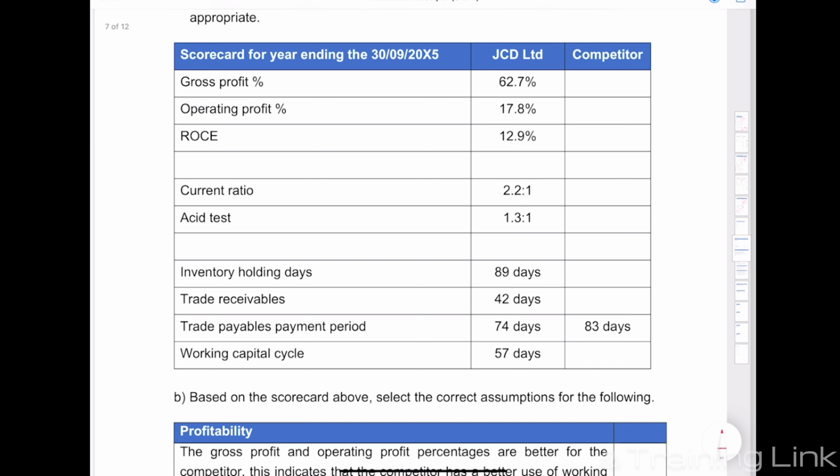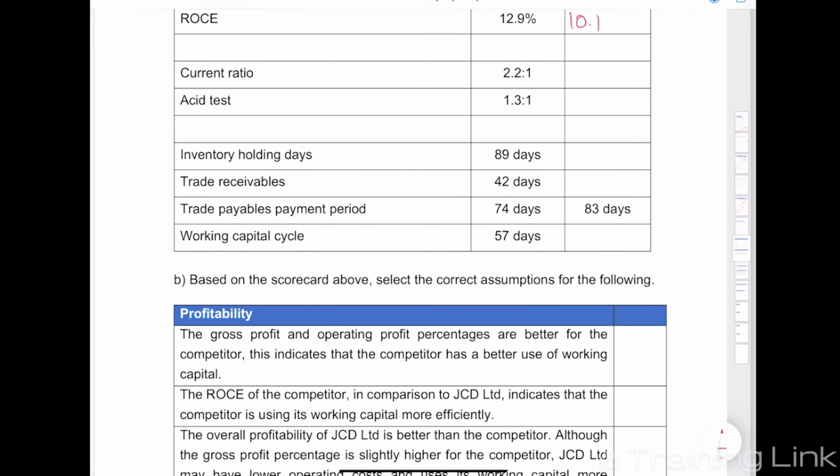So we've got 63.2% gross profit margin. We've got a 12.6 operating percentage margin. We've got return on capital employed of 10.1. We have a current ratio of 2.1 to 1. We've got an acid test of 1.1 to 1.